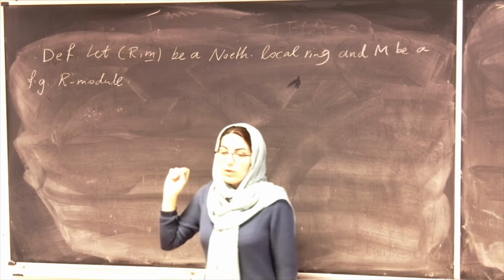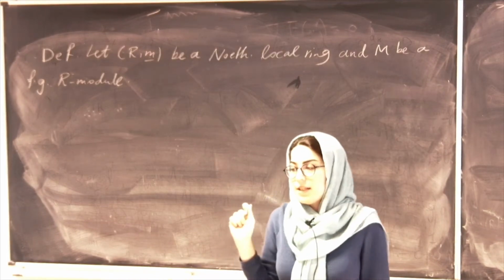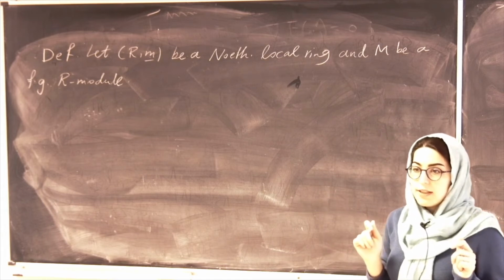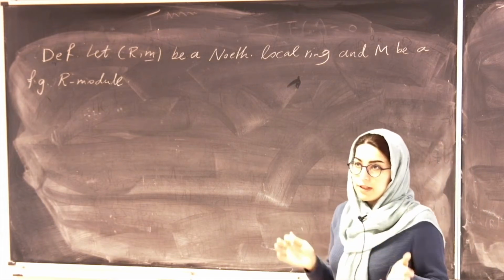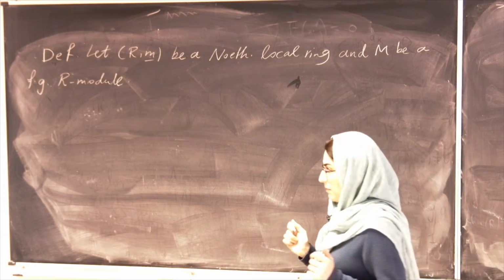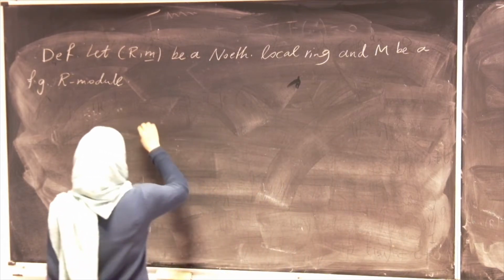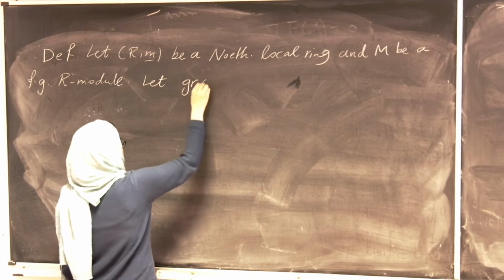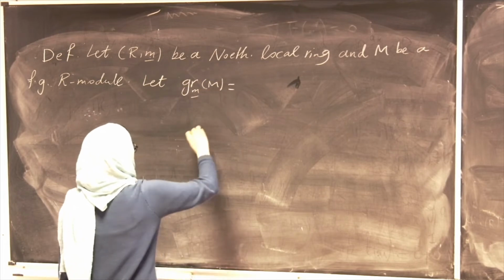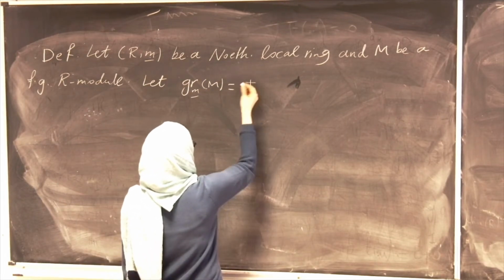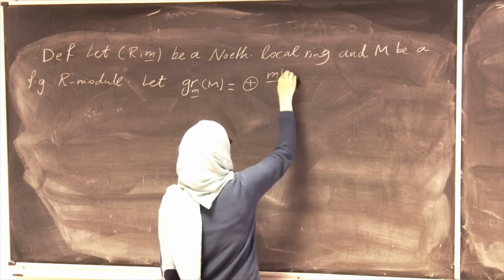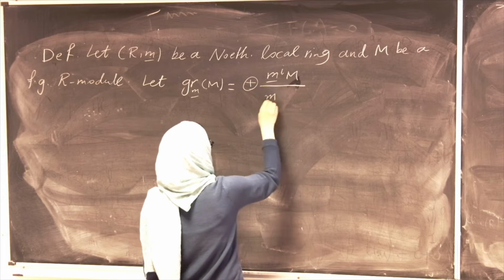As I told you, to define multiplicity of this module, we should pass to the associated graded module of M to have a module with graded structure. So suppose that gr_m(M) is the associated graded module of M.